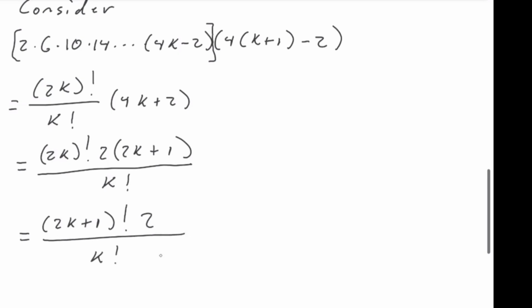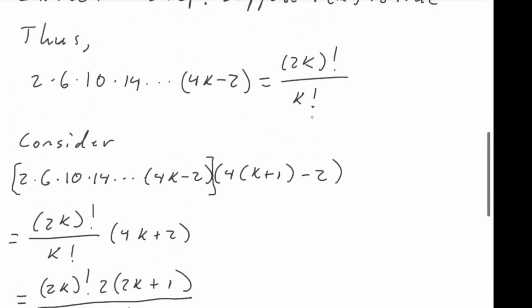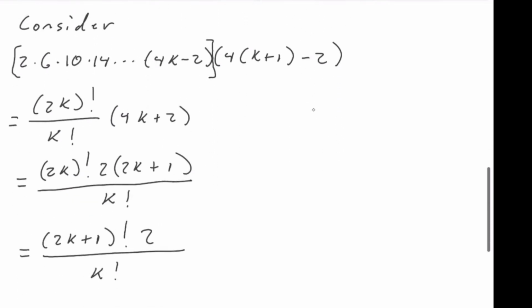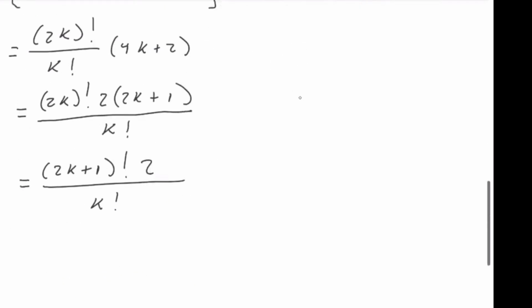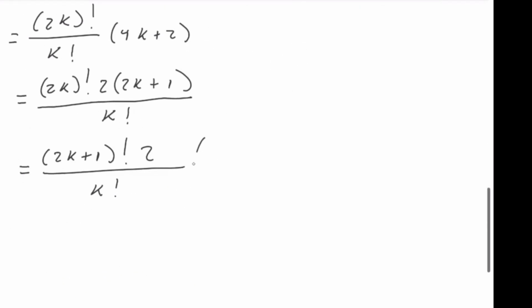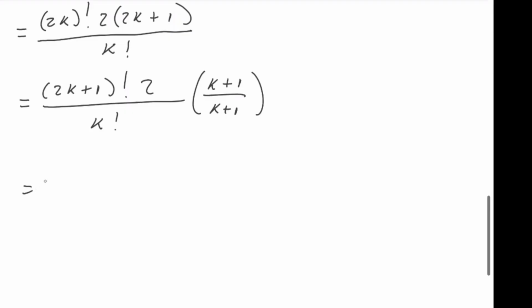And remember, what I want is the bottom to be k plus 1 factorial. So what I'm going to do is multiply top and bottom by k plus 1. So I can get my k plus 1 factorial, right? Because k factorial times k plus 1 is what I want, k plus 1 factorial.